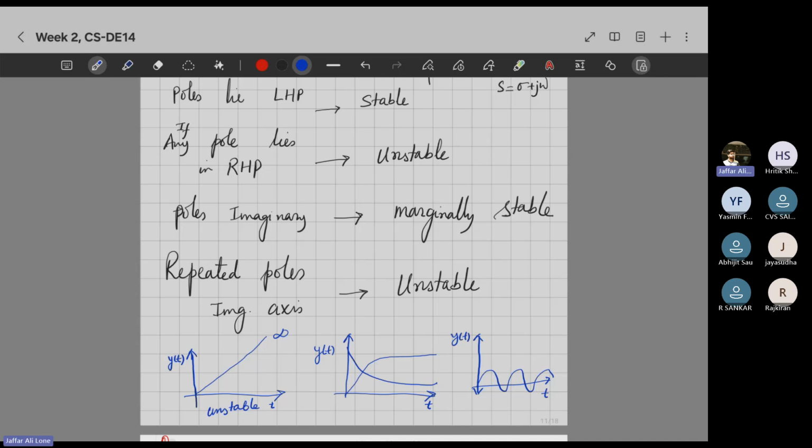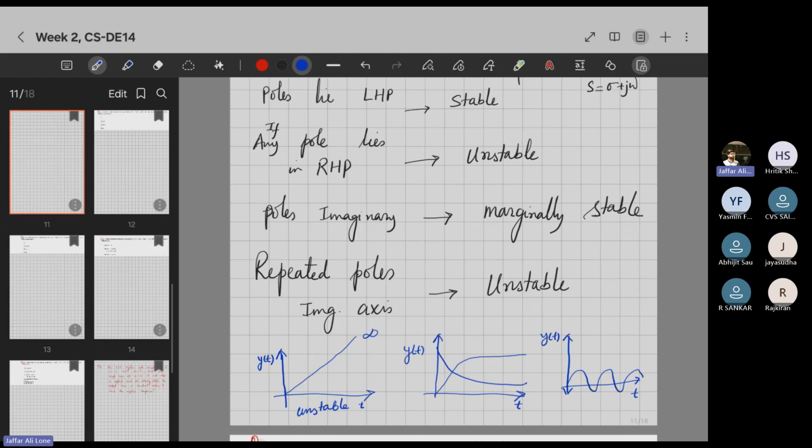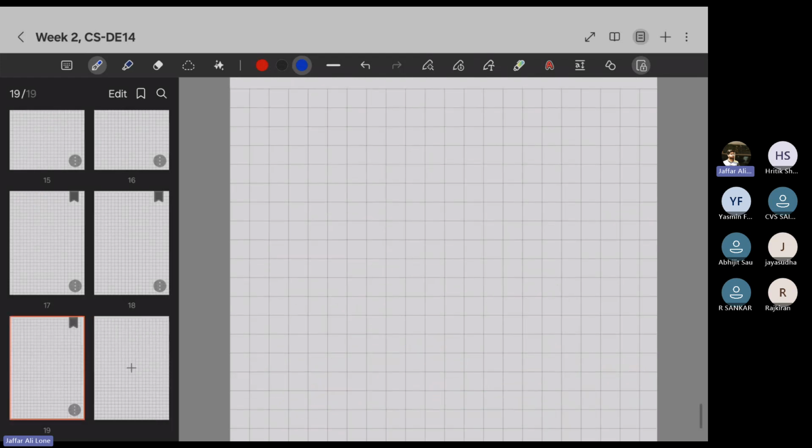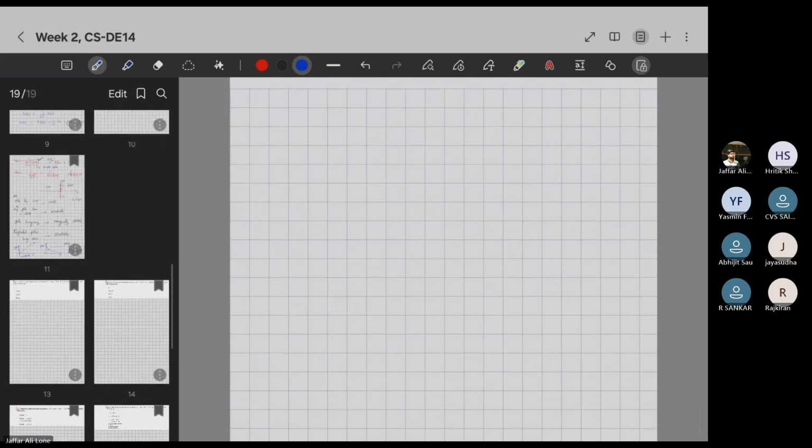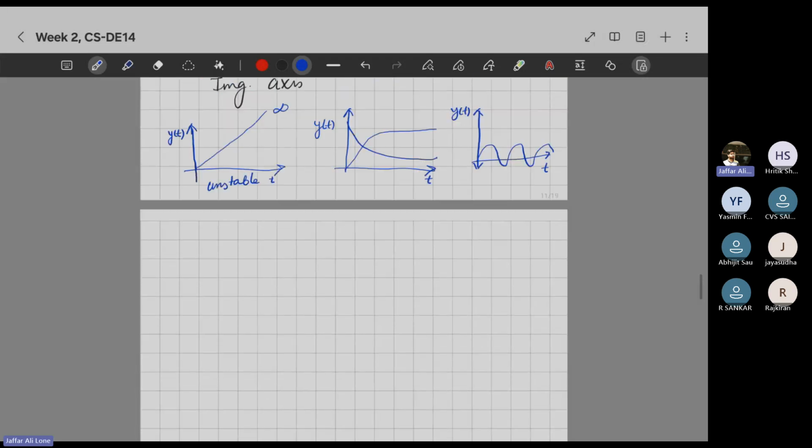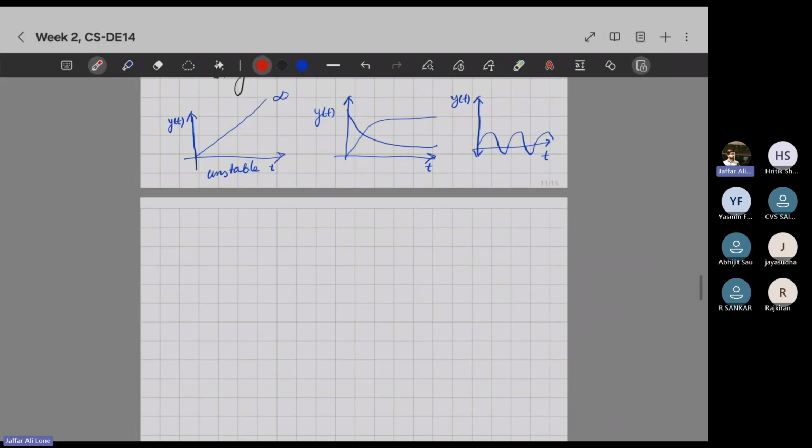This was stability. Then what is bounded input, bounded output stability? That is also called BIBO stability, right? So BIBO stability means, if I give any bounded input, mark this word any, any is very important, if I give any bounded input, I should get bounded output.